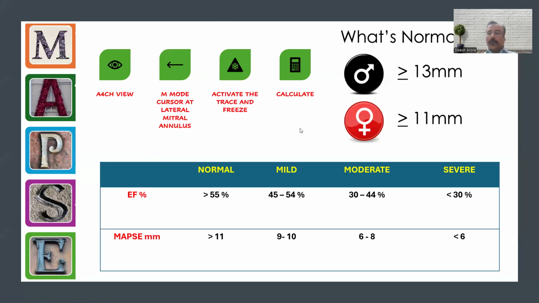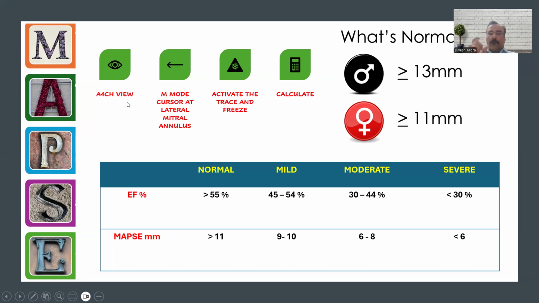Now, coming on to another important parameter, which is termed the mitral annular plane systolic excursion, which measures the excursion of the mitral annulus towards the apex of LV, and it's a surrogate measure of the left ventricular ejection fraction. It is obtained in the apical four-chamber view.